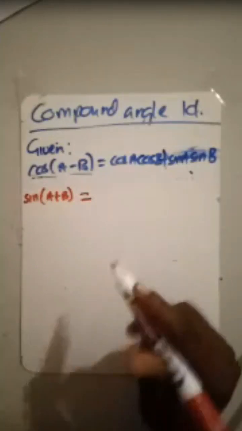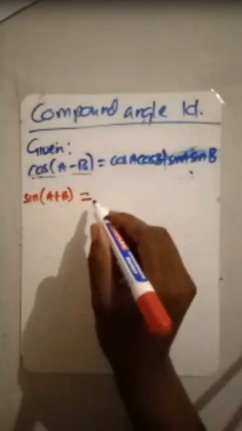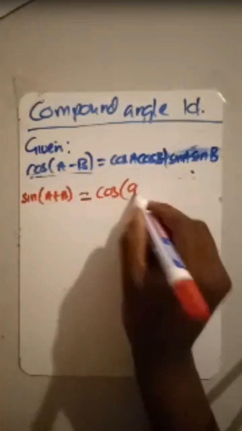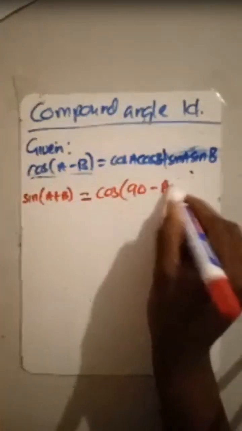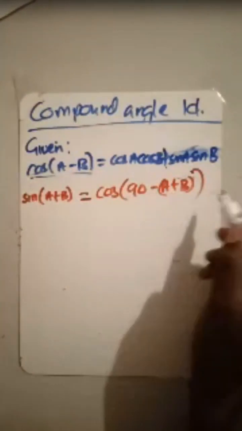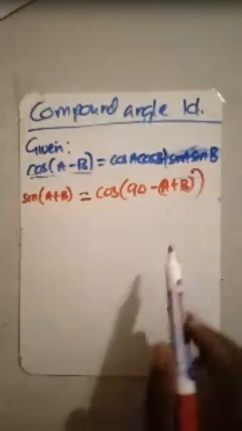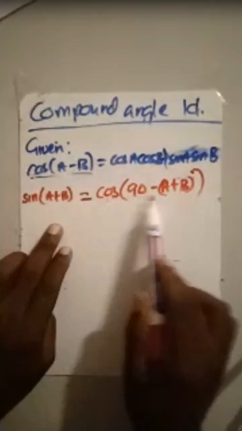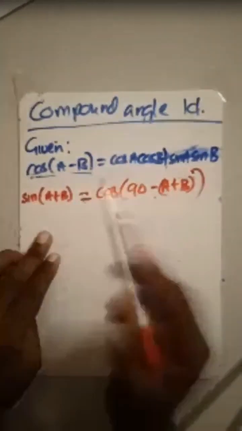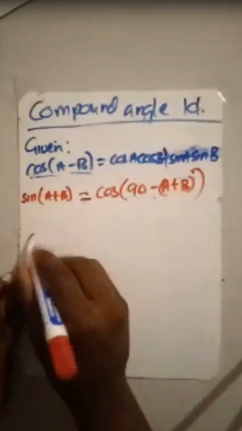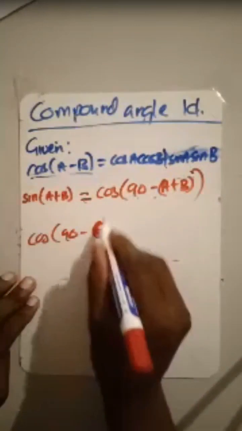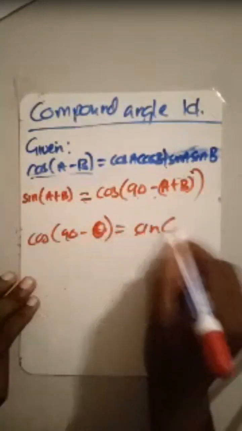Okay, so this one is the same as cos 90 minus A plus B. So we take A plus B as one angle. Remember the co-functions: cos 90 minus A plus B becomes sine A plus B. We know that cos 90 minus theta is equal to sine theta.